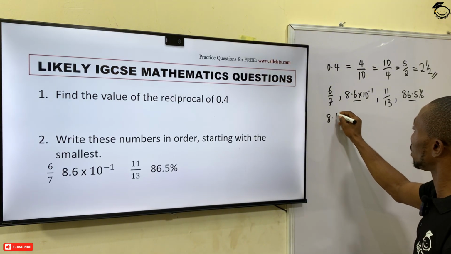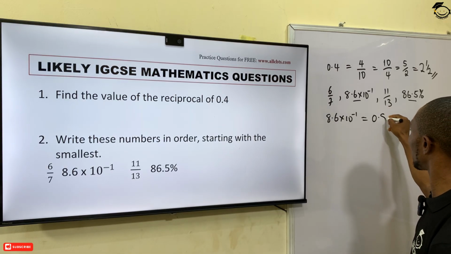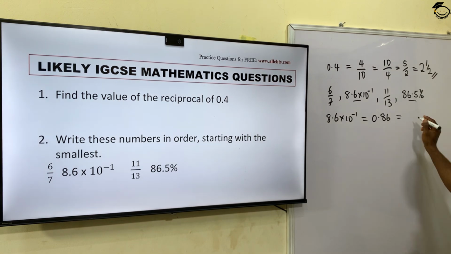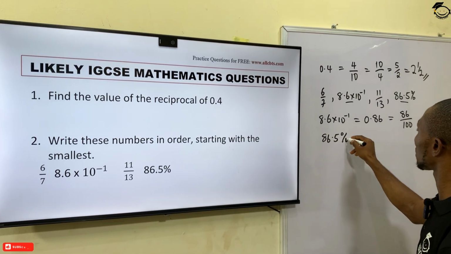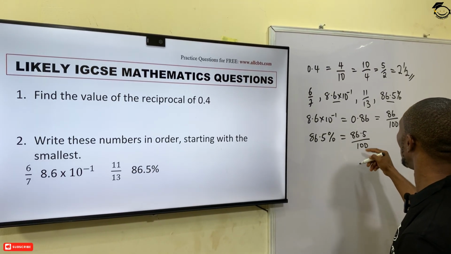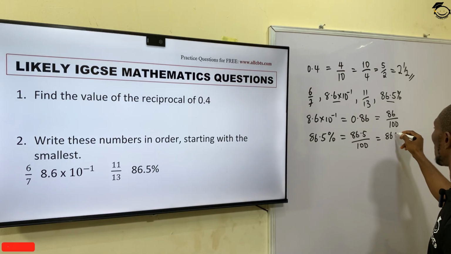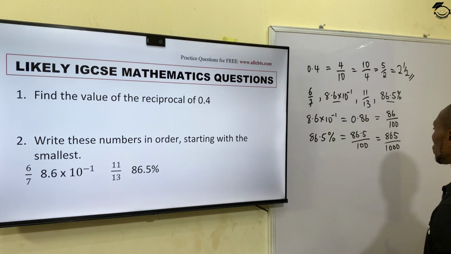For these, we would convert to fractions. Converting 8.6 times 10 raised to the power minus 1 gives us 0.86, and 0.86 as a fraction is 86 divided by 100. And 86.5% would be 86.5 over 100. Moving the decimal point, this gives us 865 divided by 1,000.